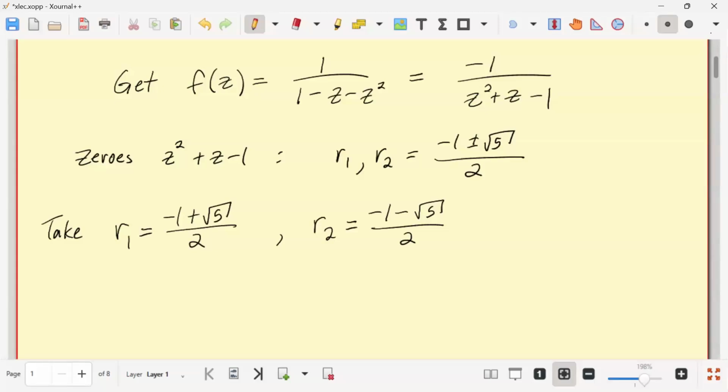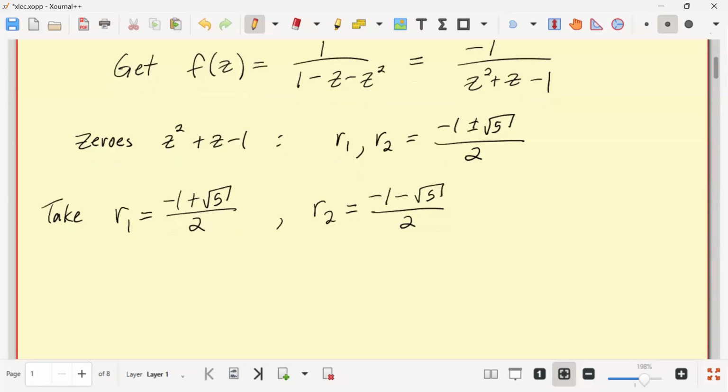Then, the fascinating thing is that we can go backwards now. Now that we have this function, and we see that this function has a power series with a radius of convergence equal to the distance from 0 to the nearest place where it has bad behavior. It blows up at those two roots.